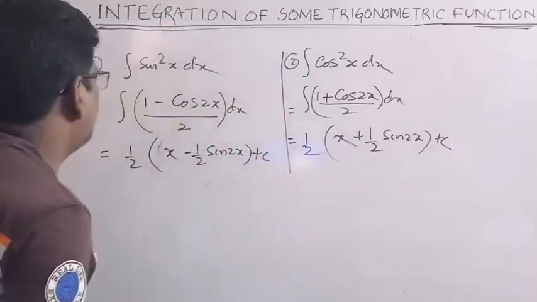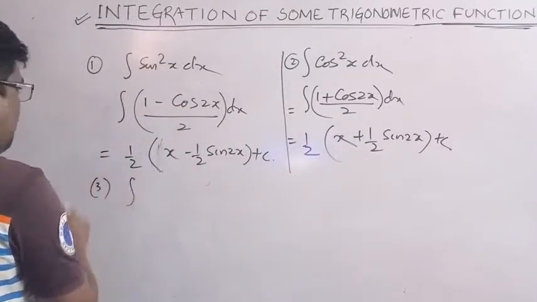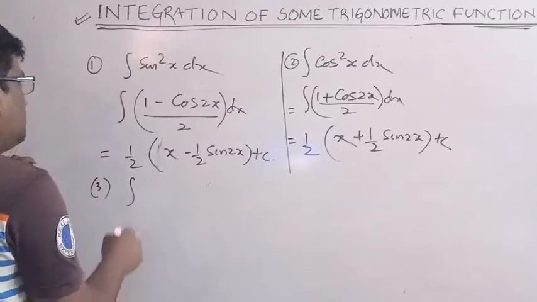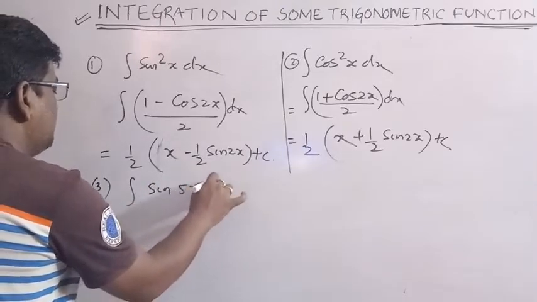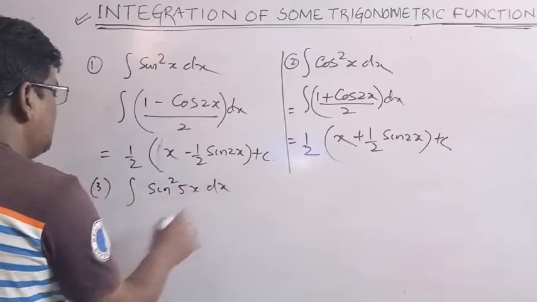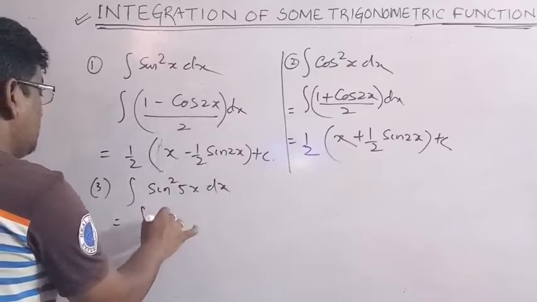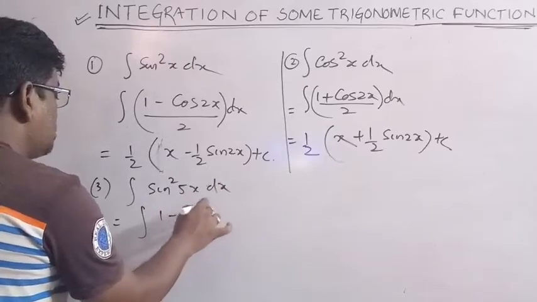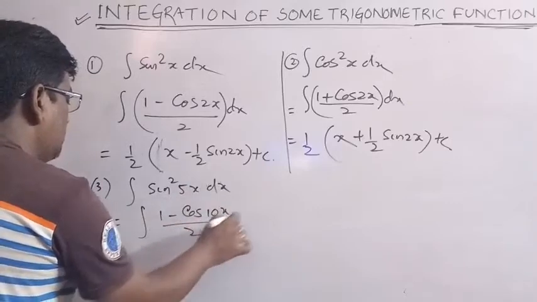Similarly, suppose you are given integration of sin square 5x dx. So what is the formula here? That is equal to integration of 1 minus cos 2 into theta, 2 into 5x, 10x, by 2 dx.